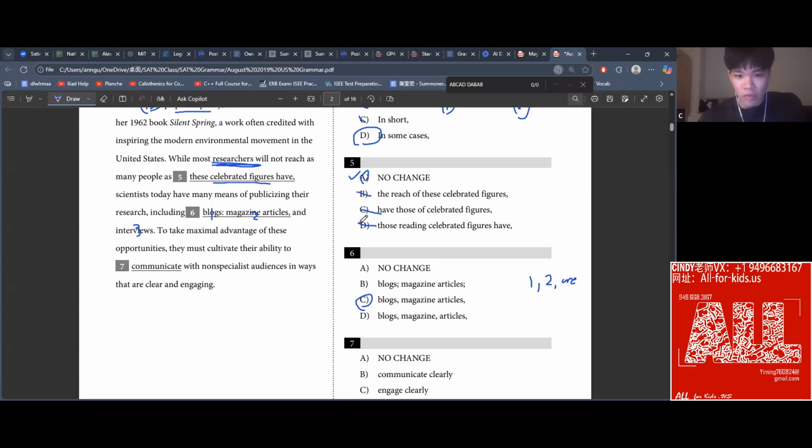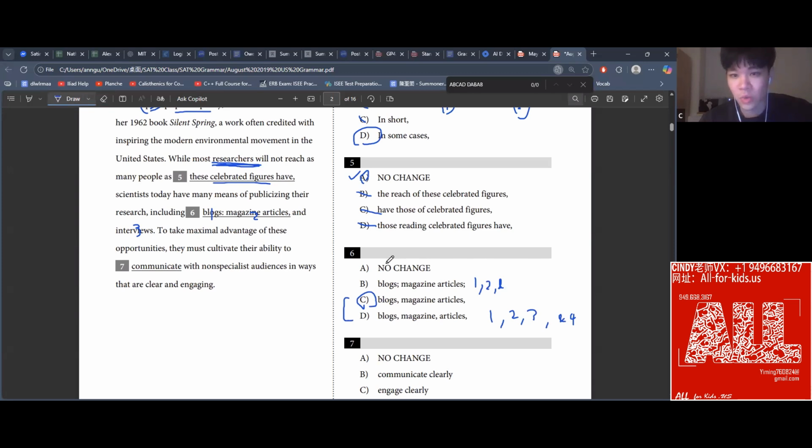One thing I would say is, blogs, magazine articles. So the reason why is this one wrong? We know it could be 1, 2, 3, and 4, or you can also know it's 1, 2, and 3. This is kind of niche, but the difference between C and D is that C is still right.